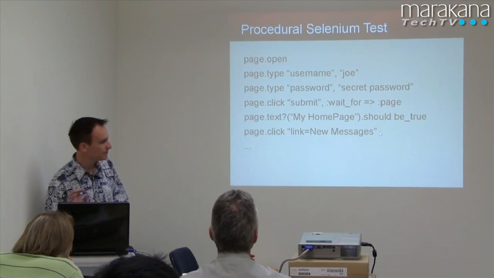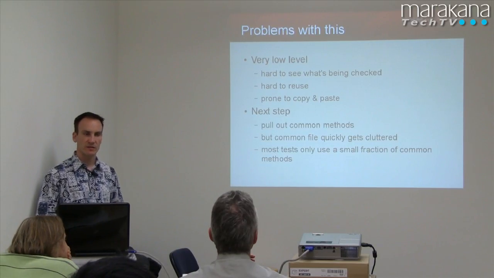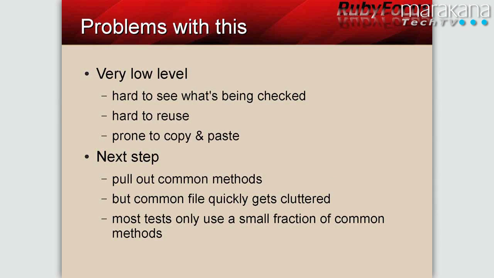What are the problems with this? The problems are, it's a very low-level way of testing. Every time you have a text field, you type stuff in from scratch. There's no good way to abstract this out. It's hard to see what's being checked because you have so many different assertions in that file. It's hard to reuse as a result, and it's very prone to copy and paste. Some developer might look, oh, how do I log into this site?